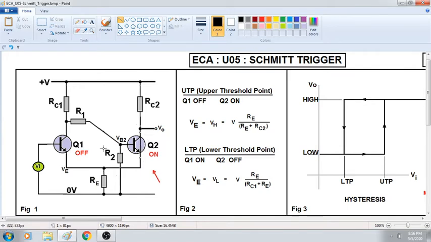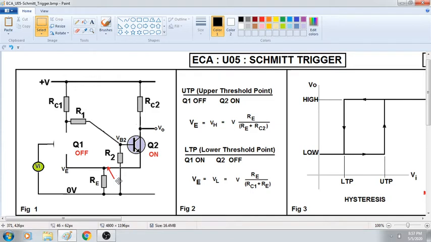Because Q1 is off, we don't have the transistor at all, so we can say that this connection is removed. Now in this condition we can very easily see that from the supply voltage V, RC2 is directly connected to the emitter and RE is going to ground. So this is the path, and we can very easily calculate the voltage VE.